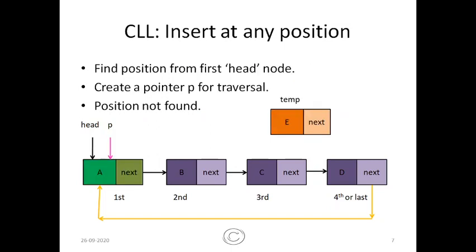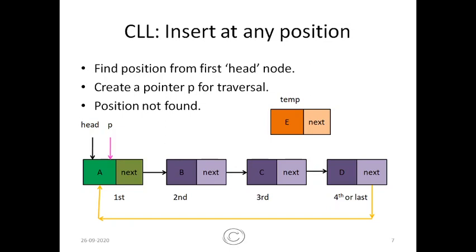Now let's find the position from the first head node. As I have already told, you create a temporary node P, which is assigned the head address. Now that will traverse till the last node. In the circular linked list, the last node is D, B is the second node, and C is the third node.